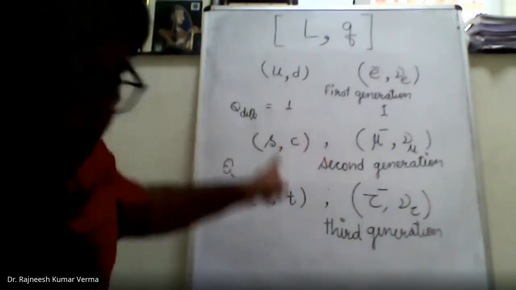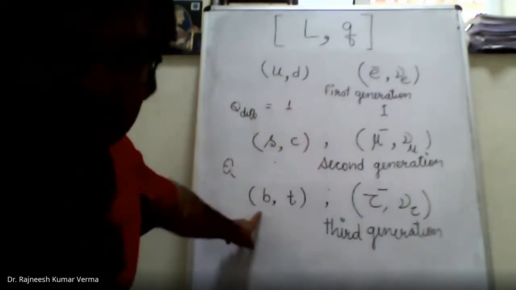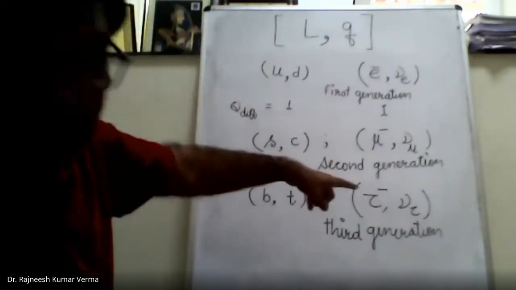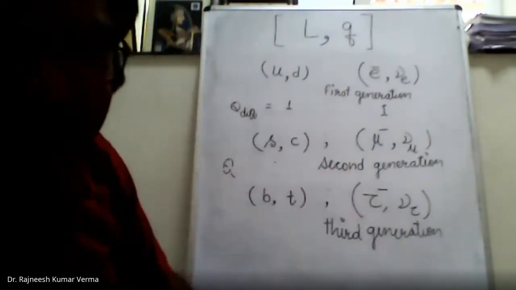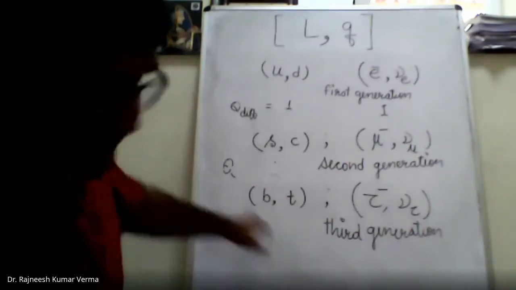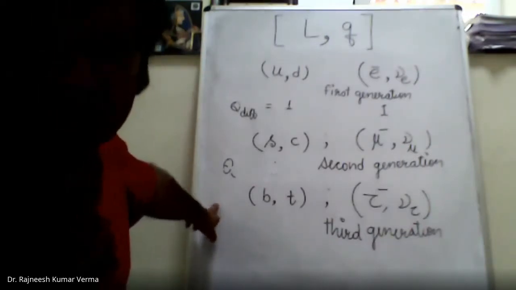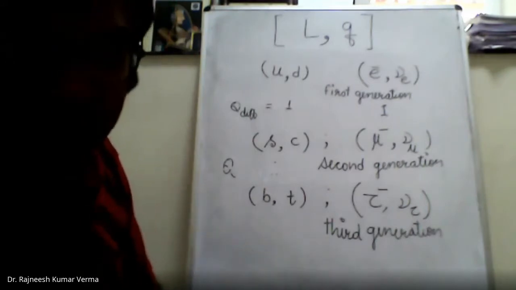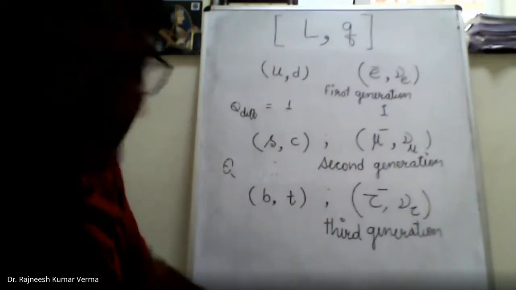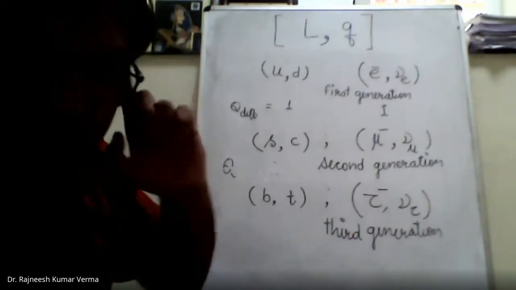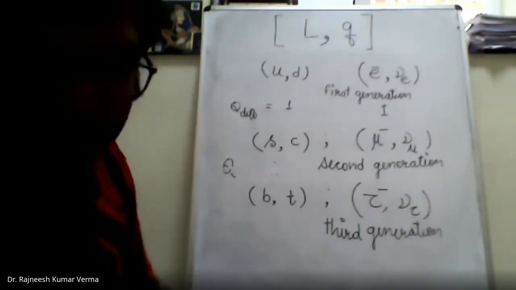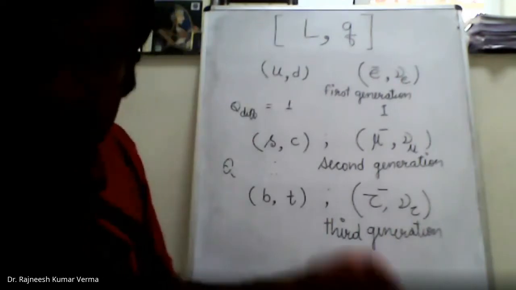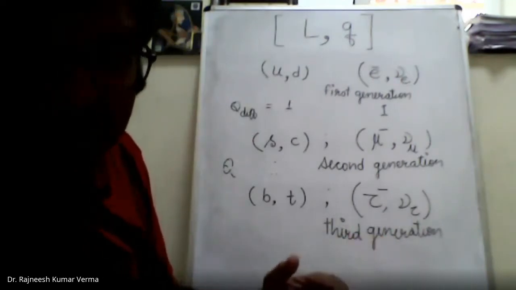Like I have said, we have six leptons and 6 quarks. 6 leptons will have 6 antileptons, and 6 quarks will have 6 antiquarks. So in total, we have 12 quarks and 12 leptons, and they are in 3 generations.